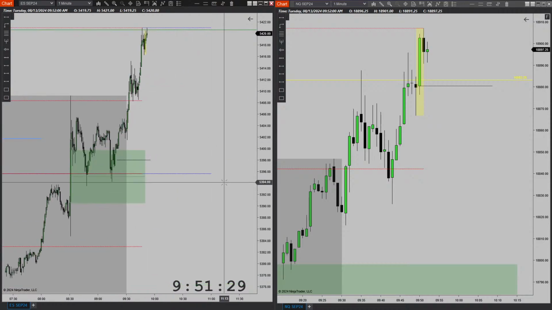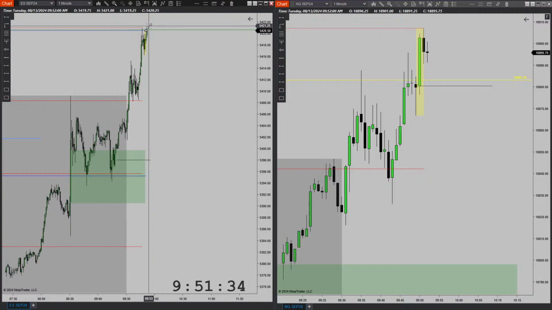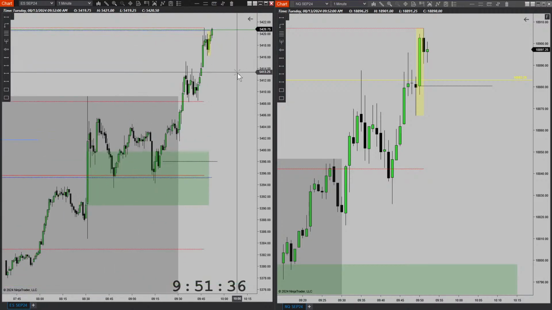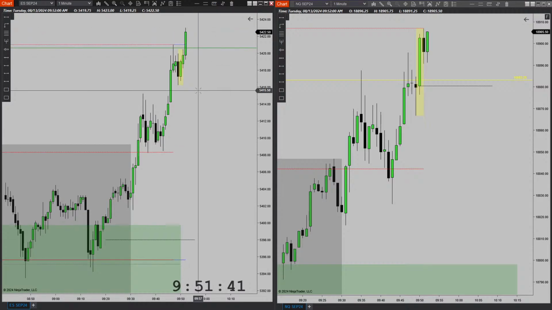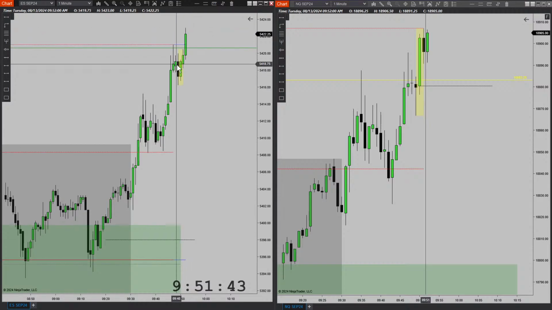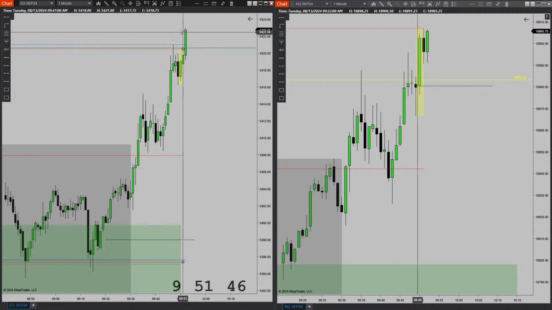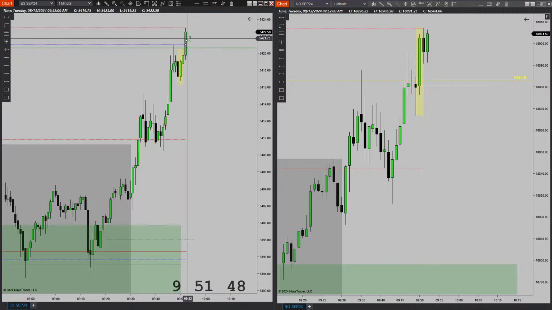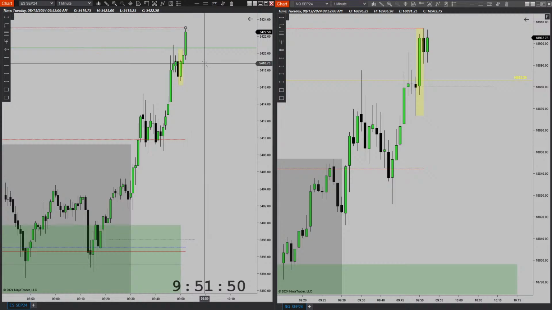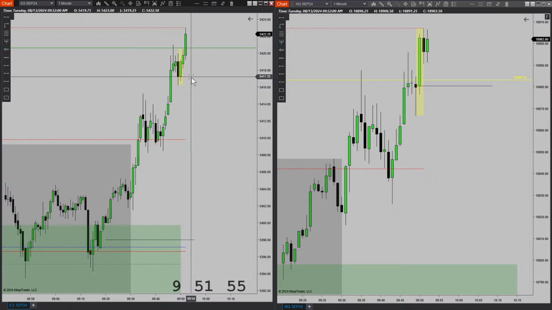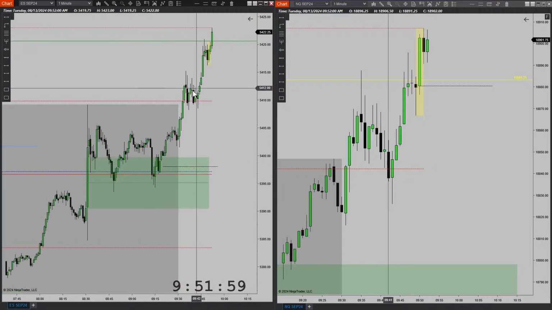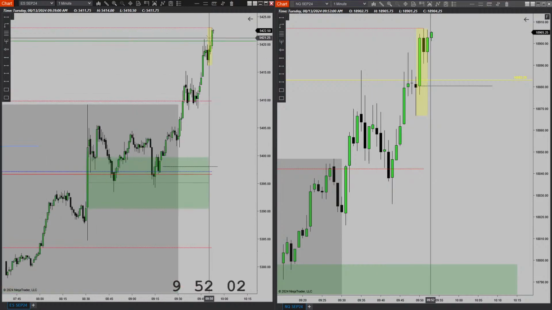Let's do that for this one too. All right, there we go. Okay, so we got a new high. So yeah, all of this is buy side, buy side, buy side.